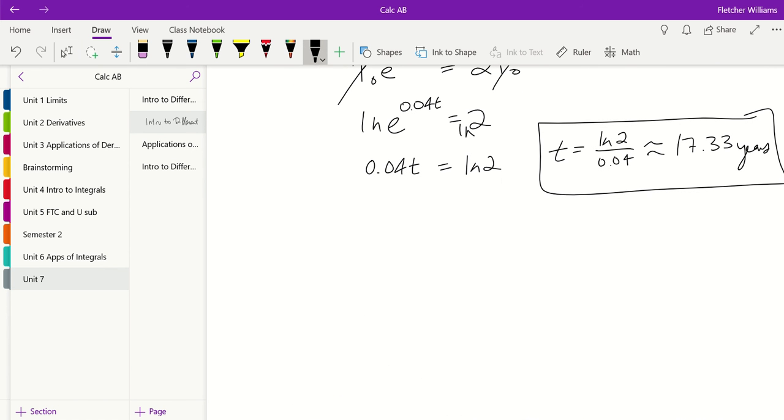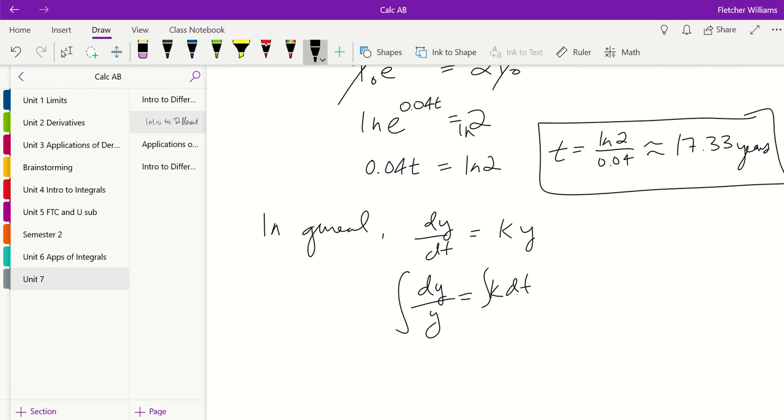In general, if you have dy/dt equal to some constant times y, as we showed in the last problem, you get dy over y equals k dt, integrate, and you end up with y equals some initial value y naught times e to the kt.